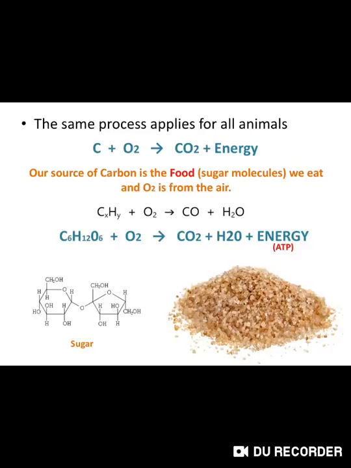Our source of carbon is the food and sugar molecules that we eat, and oxygen we get from the air. You can see here how sugar, C6H12O6, reacts with oxygen from the air, and our waste products are carbon dioxide, water, and energy in the form of ATP.